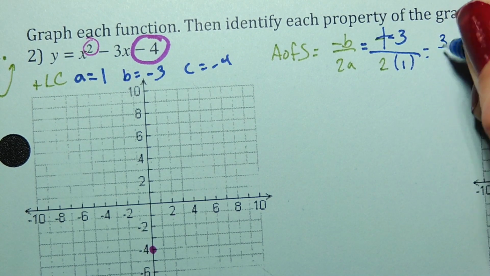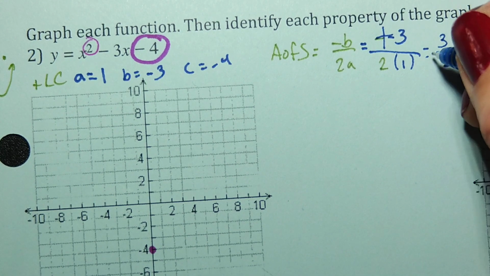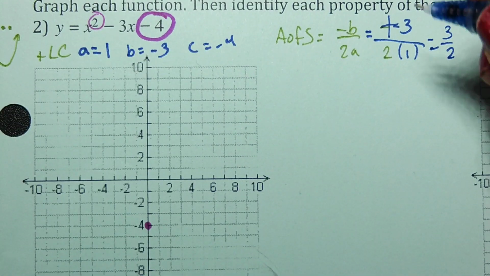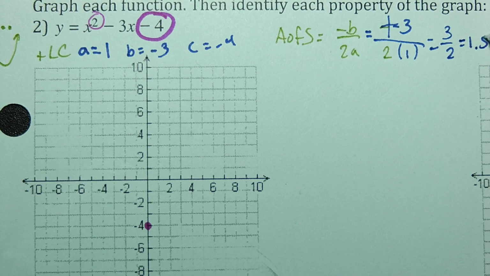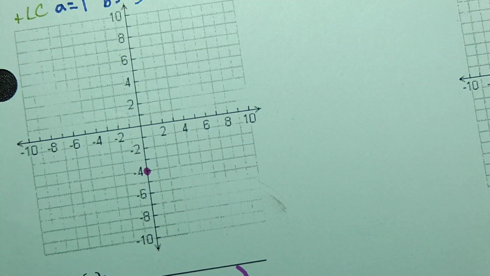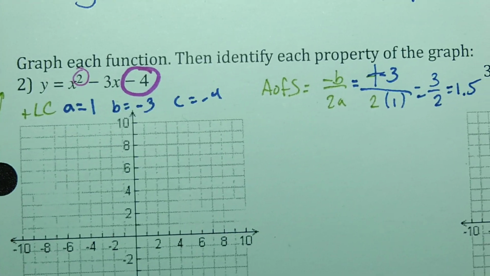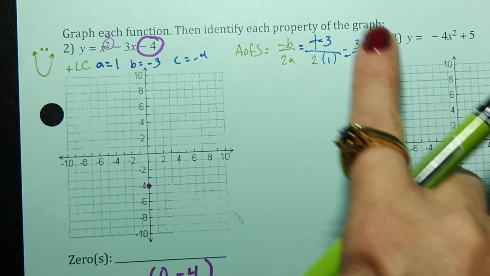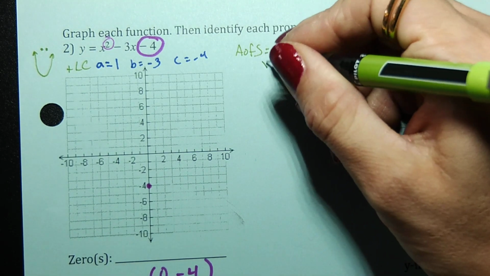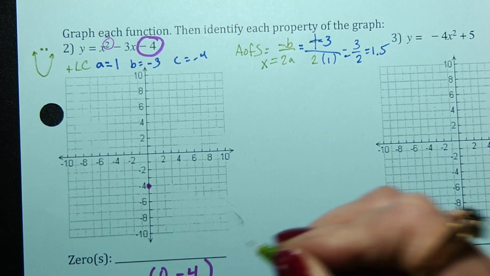So this gives me 3/2, or as a decimal, which will be a little bit easier for graphing, 1.5. So our axis of symmetry equation will be x equals 1.5.